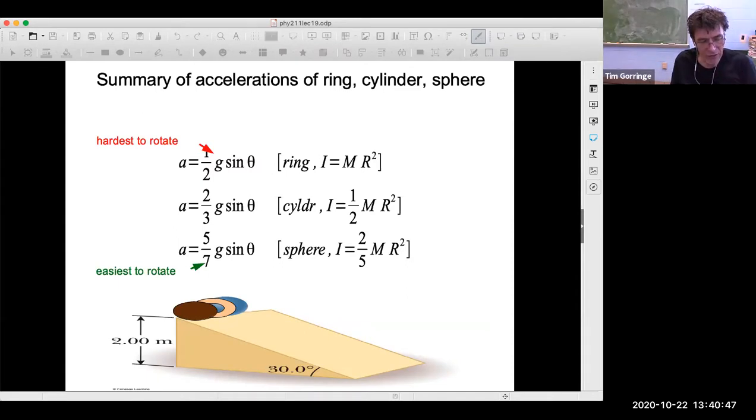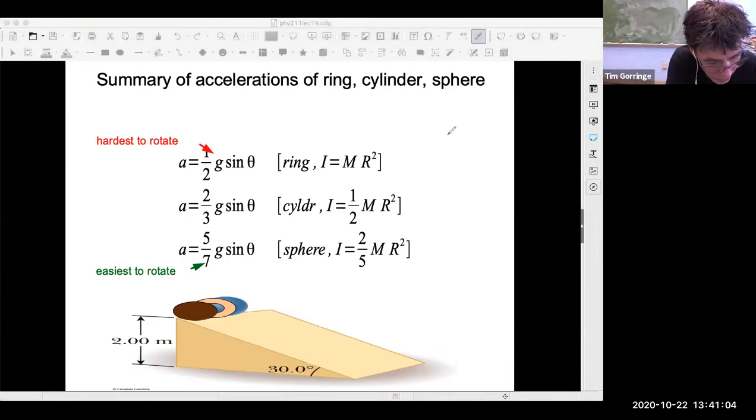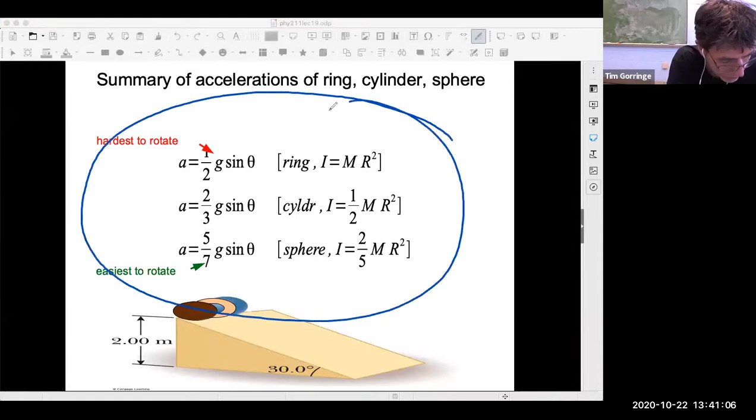Because the sphere and the cylinder and the ring have different moments of inertia, the sphere, the cylinder, and the ring have different accelerations. So that's really interesting. And I did this calculation earlier, so I wanted to summarize the results. Here in the middle is the cylinder.